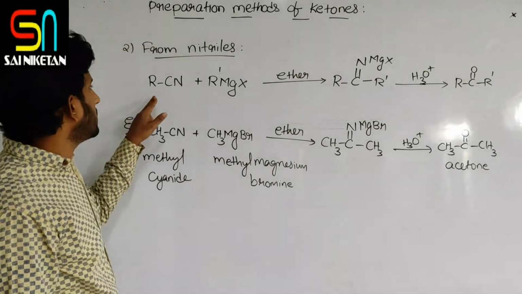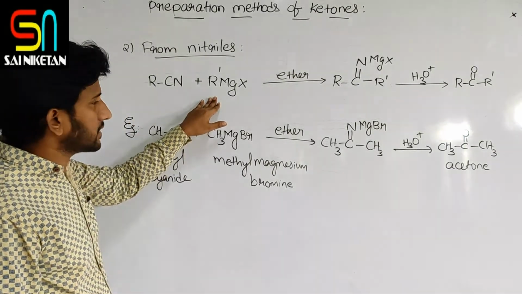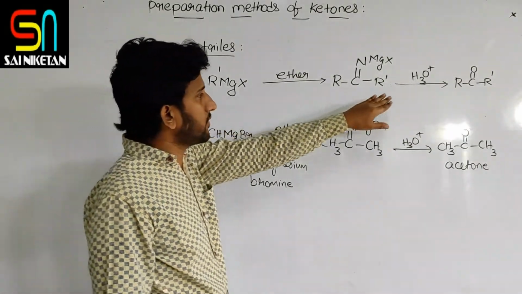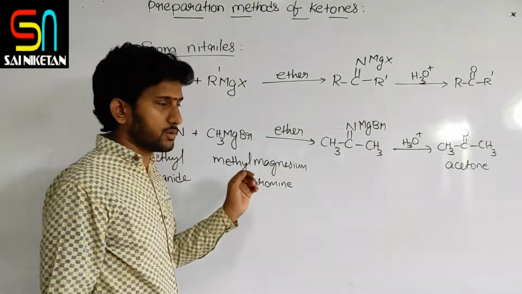So cyanides on reaction with the Grignard reagent in ether form the first addition product, then followed by hydrolysis you will get ketones.